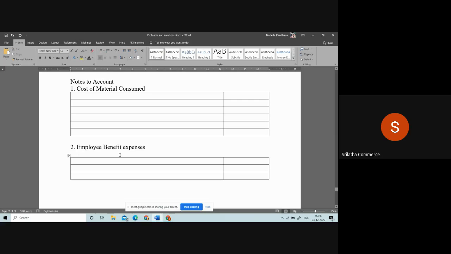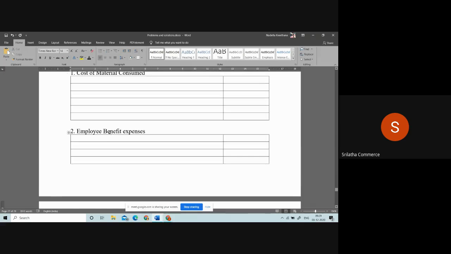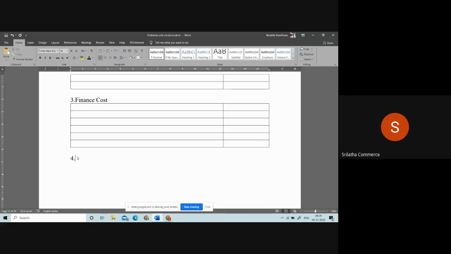Then next, finance cost. After finance cost, depreciation and amortization.